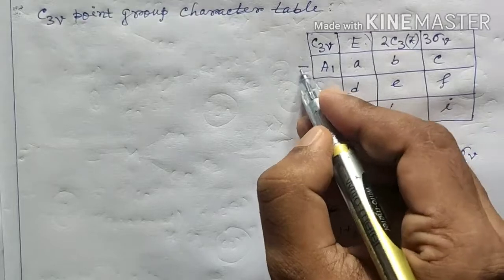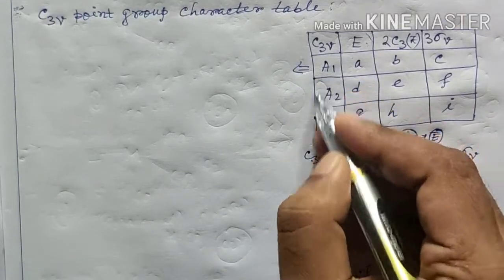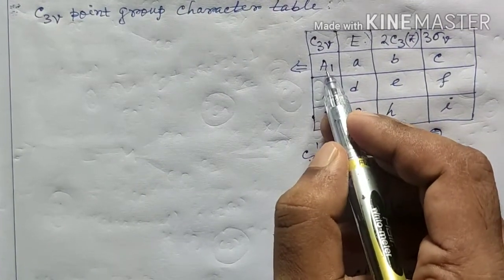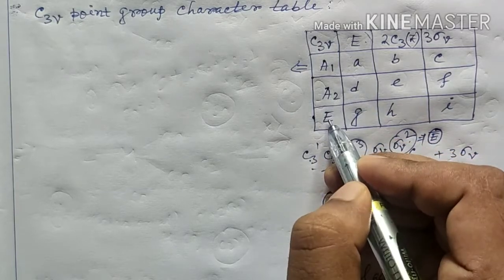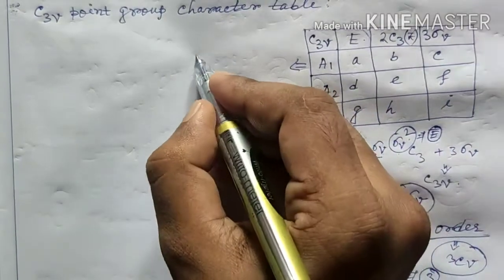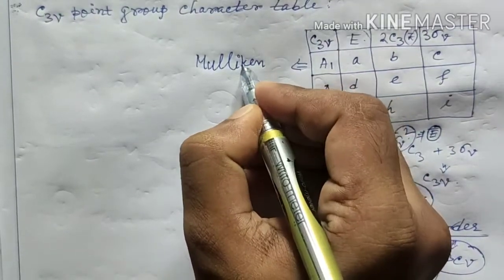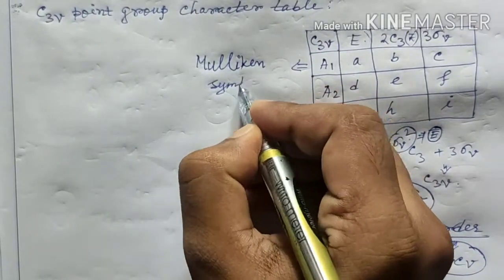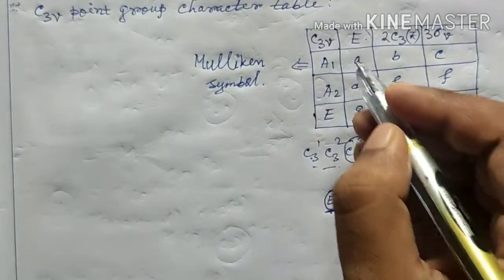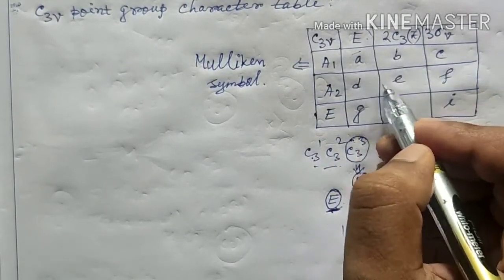Now here is a different thing: it is A1, it is A2 and it is E. These are the Mulliken symbols.